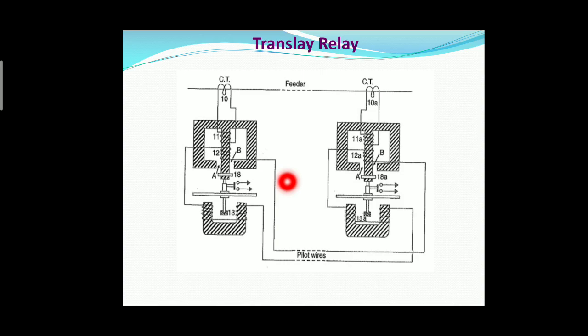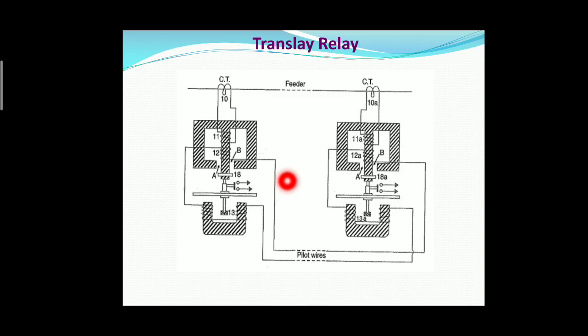That disadvantage is overcome by using this translay relay, because these relays are used for feeder lines. Feeder means very long lines, with lengths in kilometers. That's why we are using the translay relay.